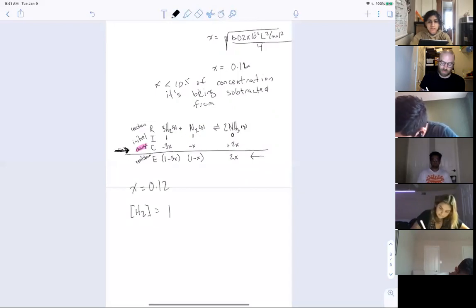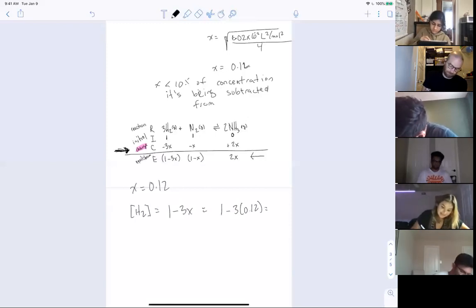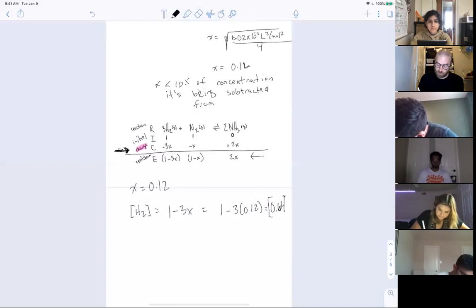H2 is equal to 1 minus 3x, so 1 minus 3 times 0.12. Not too bad. This is a little bit off from the actual equilibrium values, but we're going to roll with it. So it's equal to 0.64 molar.